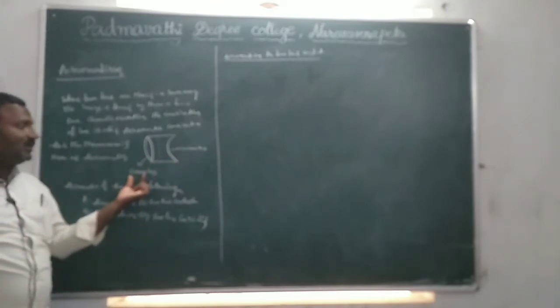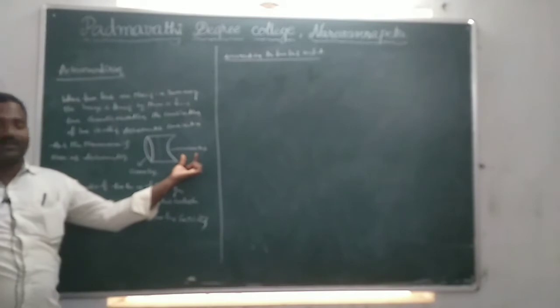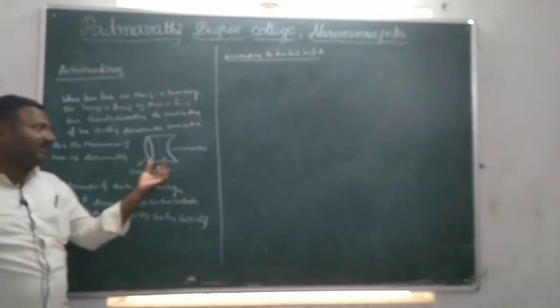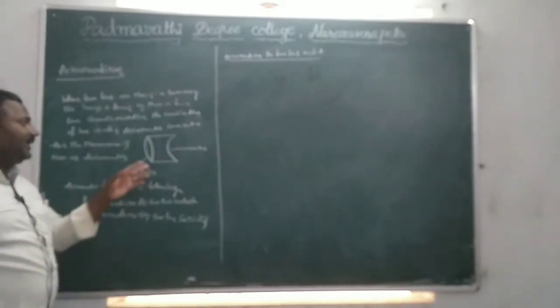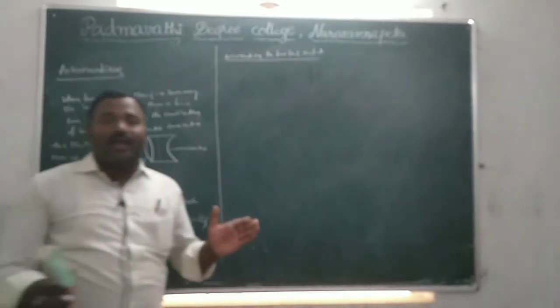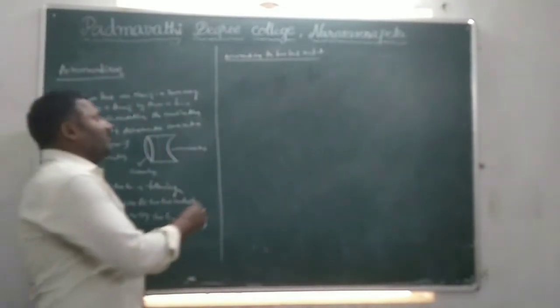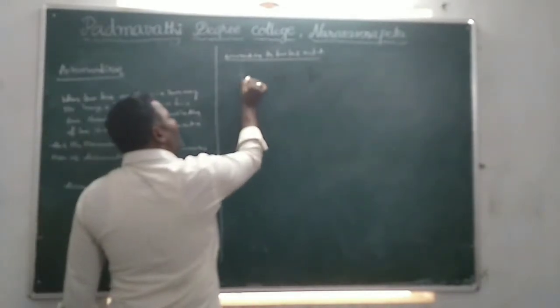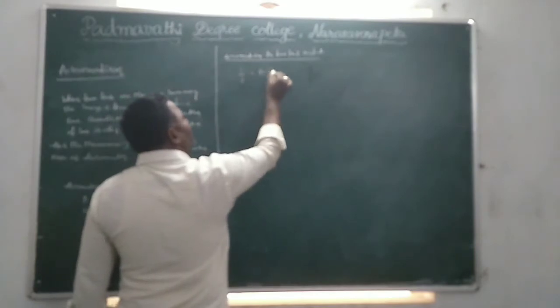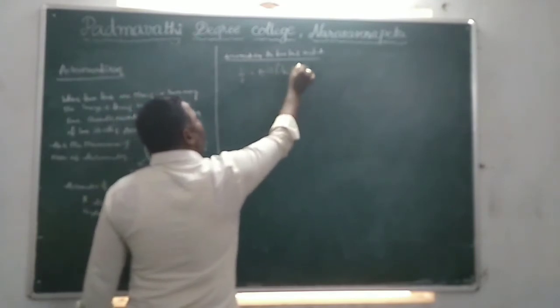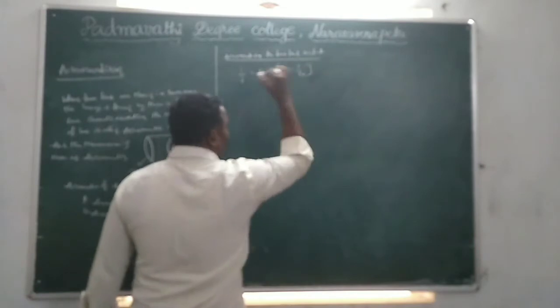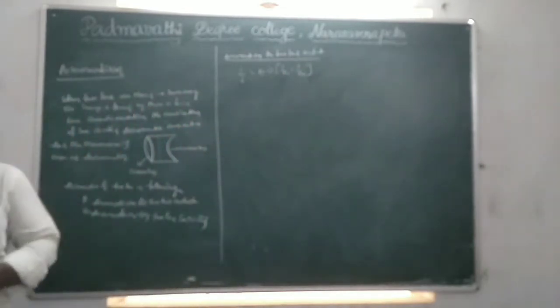This is the concave lens, this is the convex lens. The convex lens has an axial line, and these two lenses are in contact. Then we have 1/f = (mu - 1)(1/r1 - 1/r2).